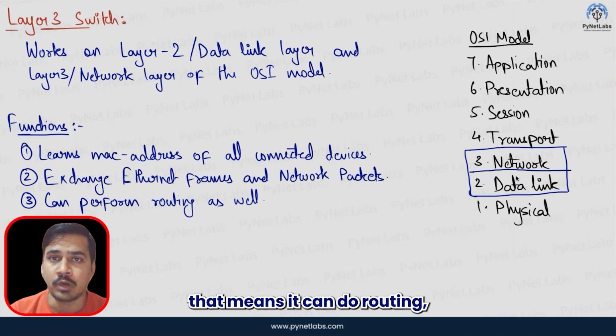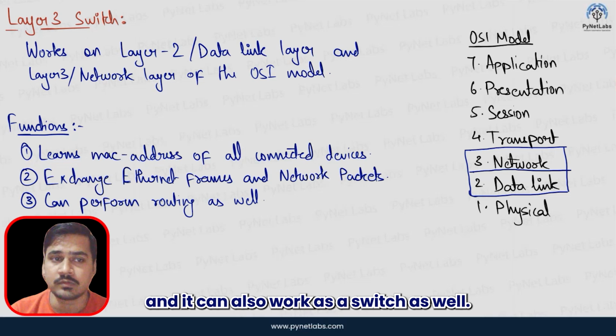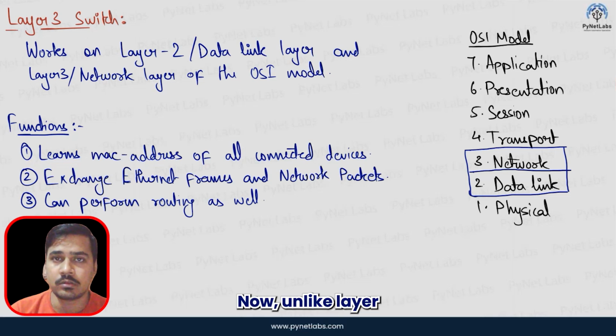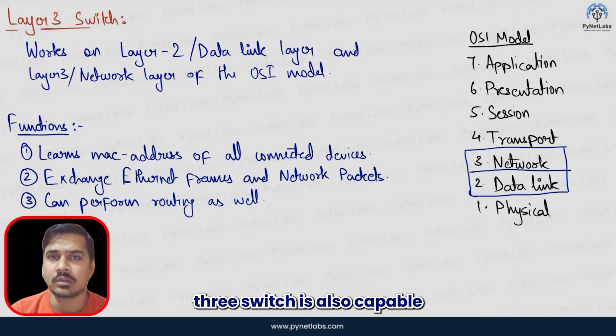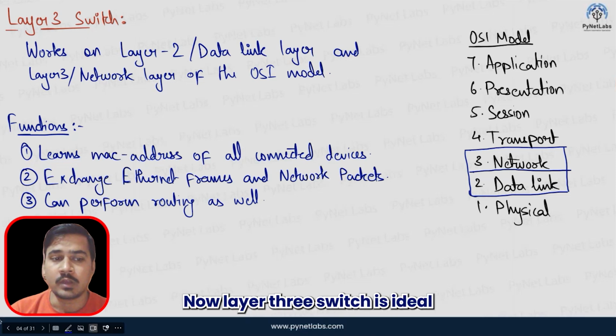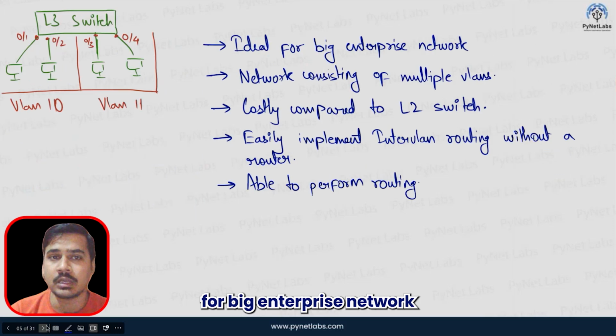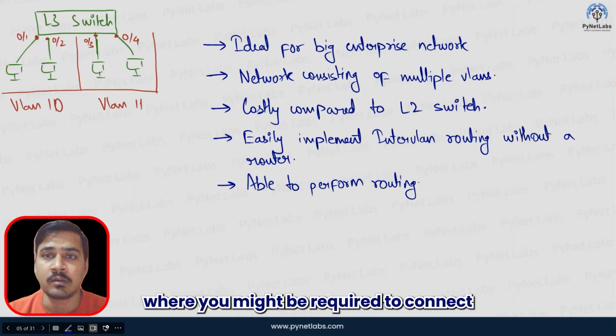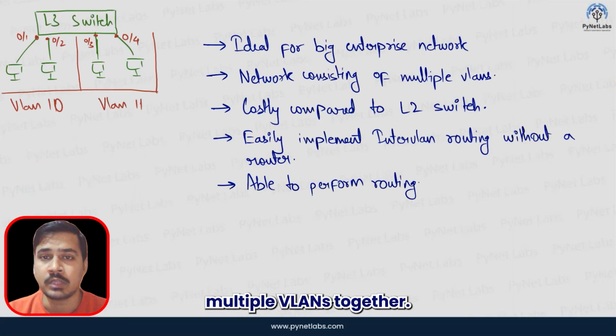That means it can do routing, it can work as a router, and it can also work as a switch. Unlike a layer 2 switch, a layer 3 switch is also capable of learning MAC addresses, so it also creates a MAC address table, and besides this, it is also able to perform routing. A layer 3 switch is ideal for big enterprise networks where you might need to connect multiple VLANs together.